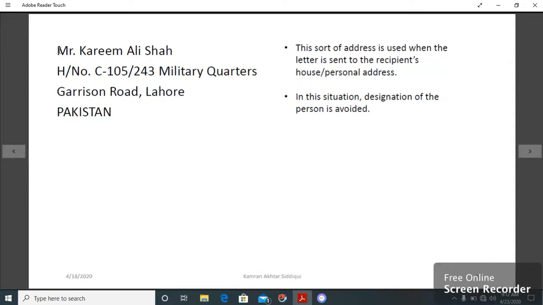So if the personal address is followed, then you are going to write the name of the person, obviously preceded by the title, and then we do not mention any designation. We specifically then write the house address of the person, and then the city name or the country name, whatever must be the last unit has to be in capital letters.